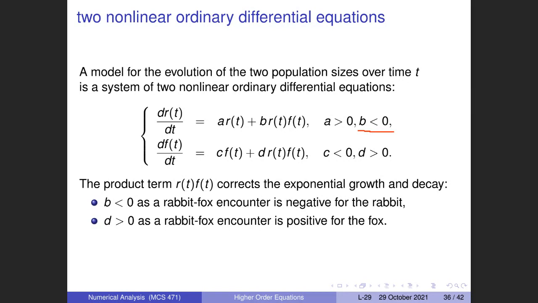So we have a negative correction constant for the rabbit, and a positive correction for the fox. So the foxes benefit from the encounter. So this is an ecological model. It's one of the simplest non-trivial models, but we will use this just to reinforce how you can apply modified Euler's method to this problem.